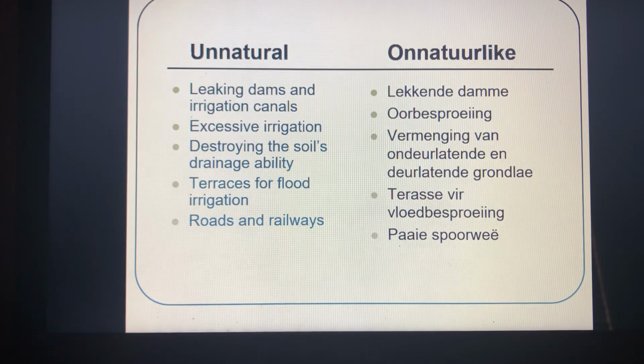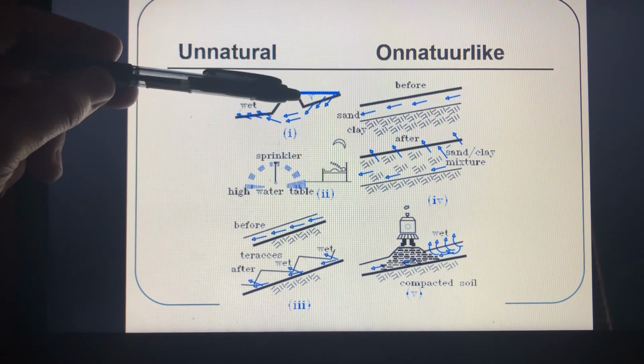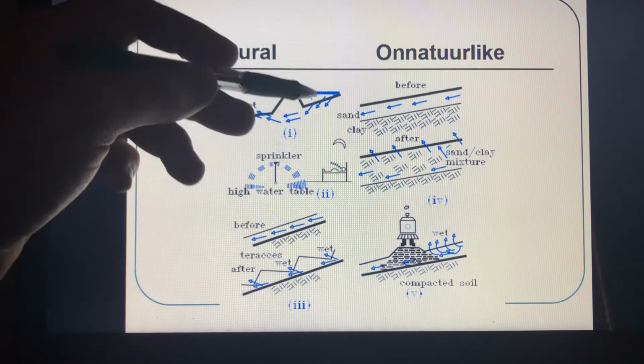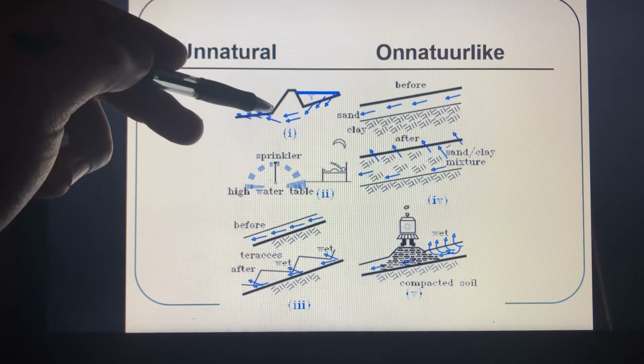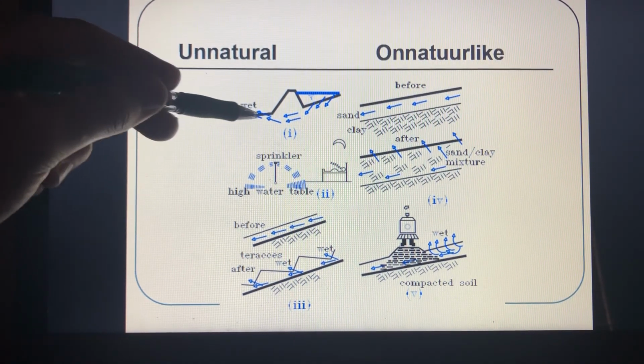You get leaking dams and irrigation canals, excessive irrigation, destroying the soil's drainage permeability, terraces for flood irrigation, and roads and railways. So this sketch shows a dam wall, and this is the dam part, and so there's a leak in the dam wall and the water moves underneath that wall, which leads to waterlogging conditions on the side of the dam wall.